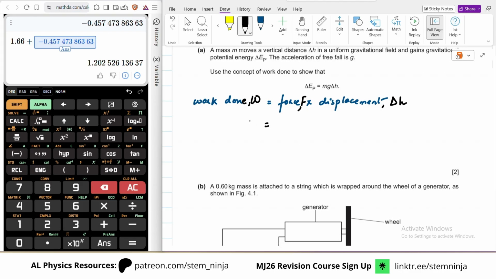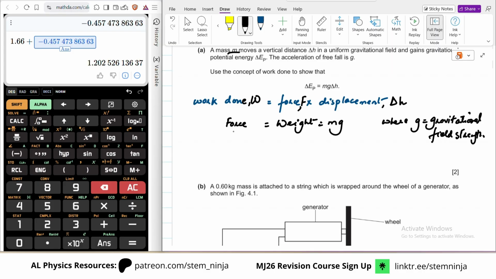Force is weight, mg, where m is the mass. Mass is already given, and g is gravitational field strength. Hence, work done would be equal to mg times delta h.